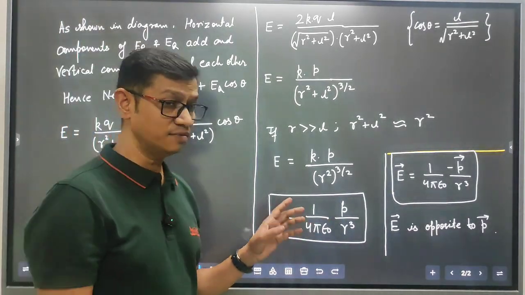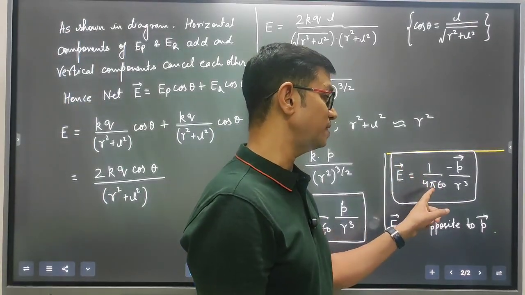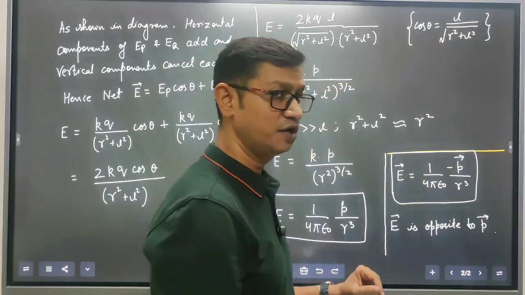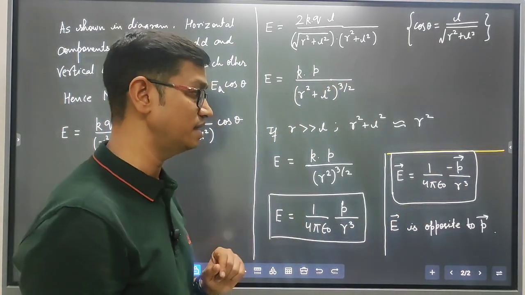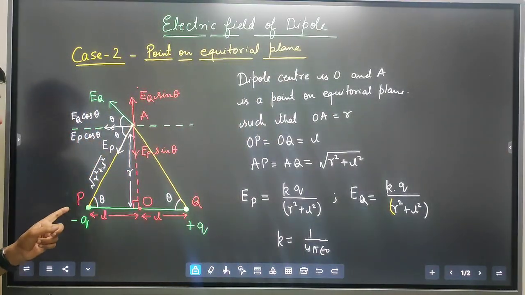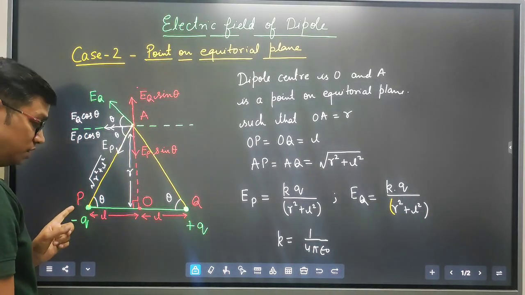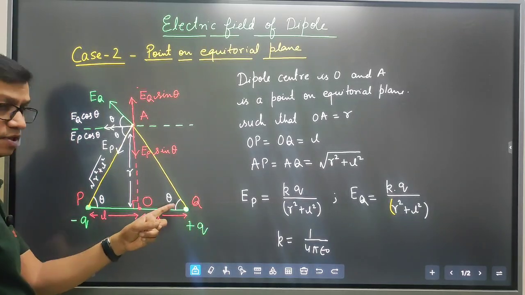Right. Now in terms of vectors, this will be written as E is equal to 1 upon 4 pi epsilon naught, minus P by R cube. Notice I have put a minus sign. Now let's understand why this minus sign is there. What is the direction of dipole moment in this case? Dipole moment is always along the axis, but from the minus charge to the plus charge.